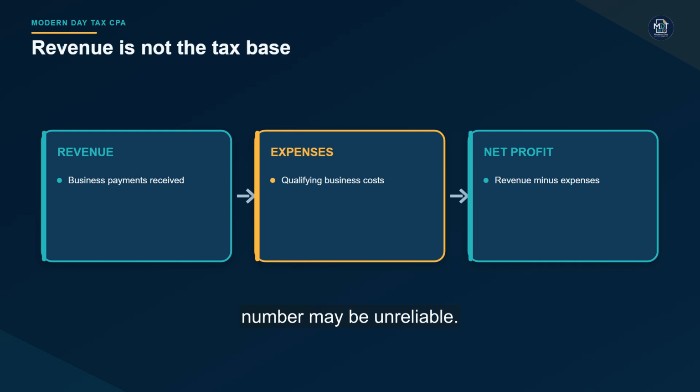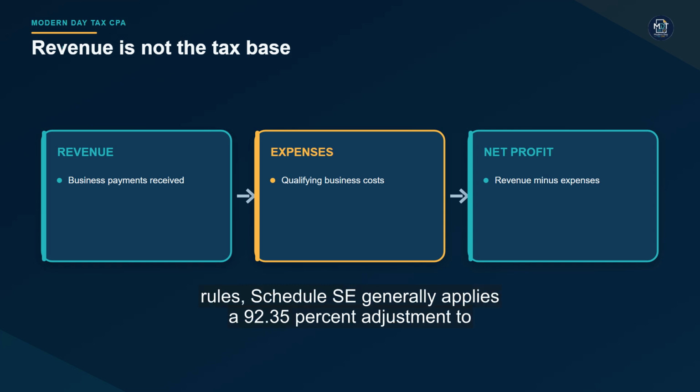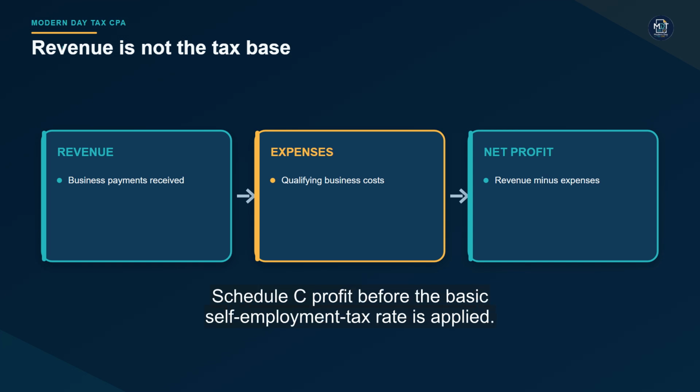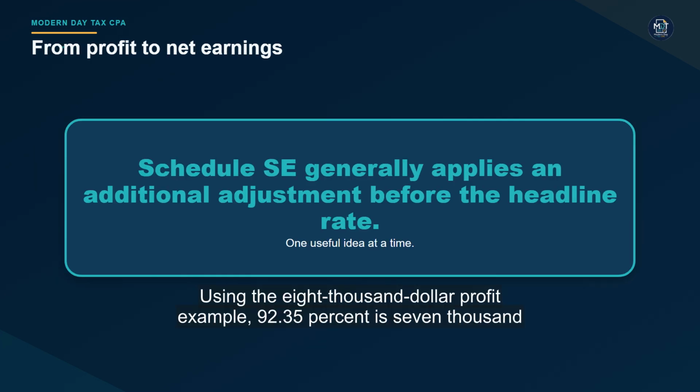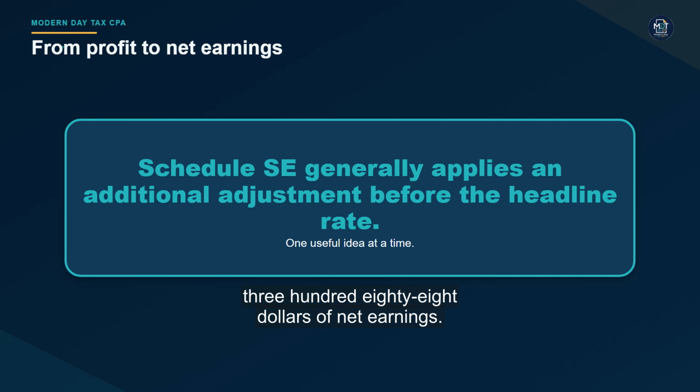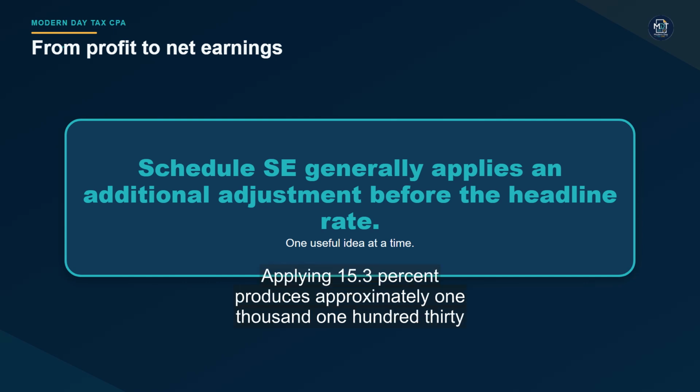In a simplified example with no wages and no special rules, Schedule SE generally applies a 92.35% adjustment to Schedule C profits before the basic self-employment tax rate is applied. Using the $8,000 profit example, 92.35% is $7,388 of net earnings.